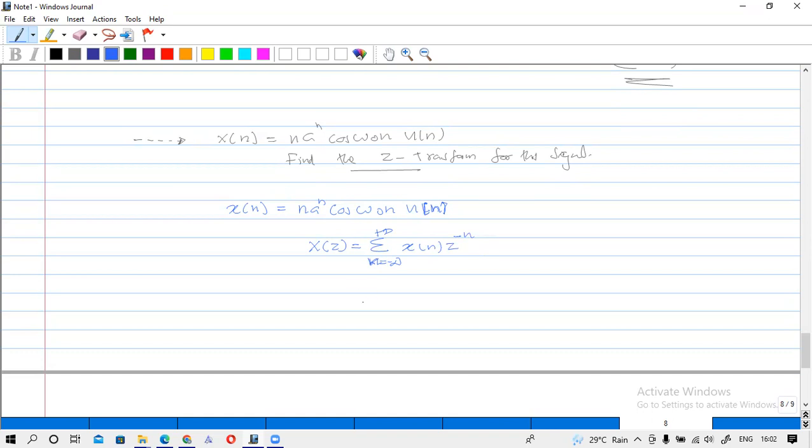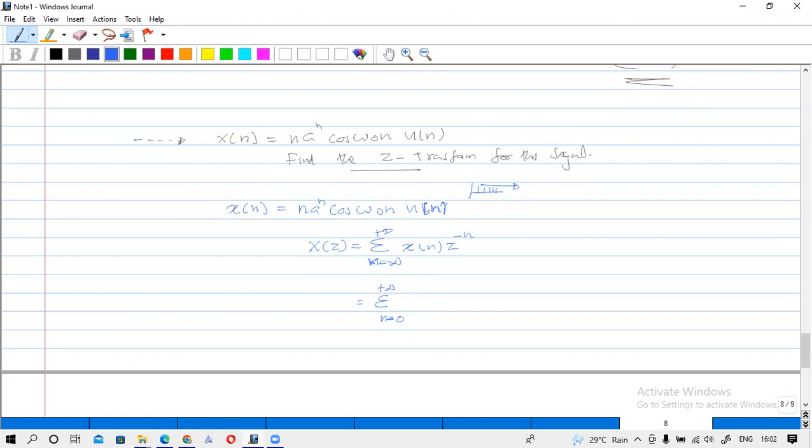If you go through this method, you can identify that this signal is multiplied by u[n], so this signal will become a partial signal. Only plus-sided values are there, so this will be n from 0 to plus infinity.